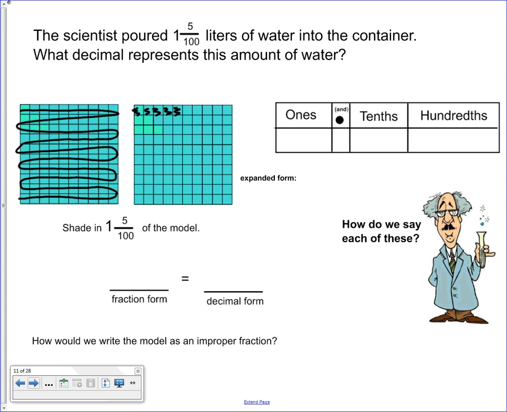Notice I went a different direction, but that's okay. So we've got 1 whole. Still, we don't have any tenths. 5/100ths. So that's 1 and 5/100ths.